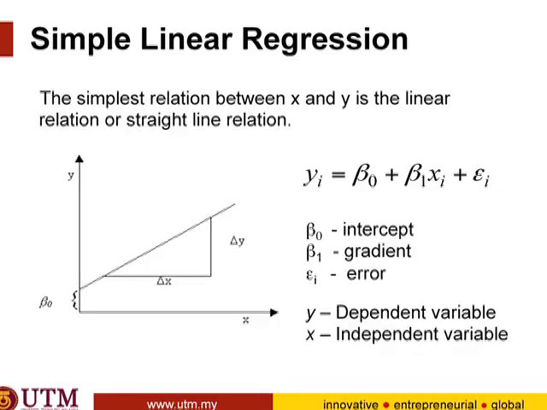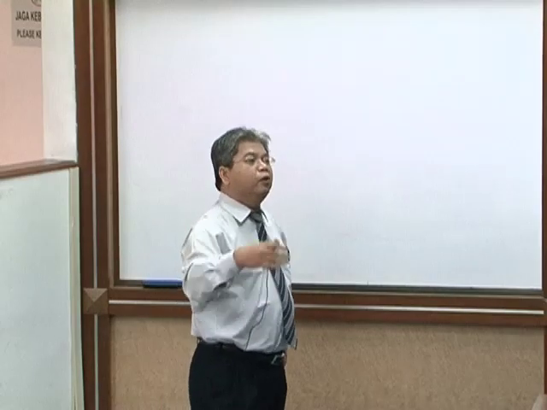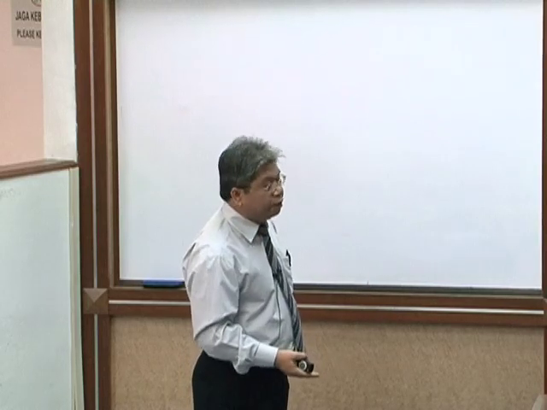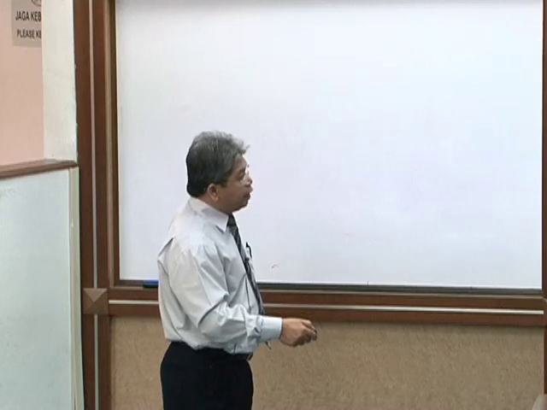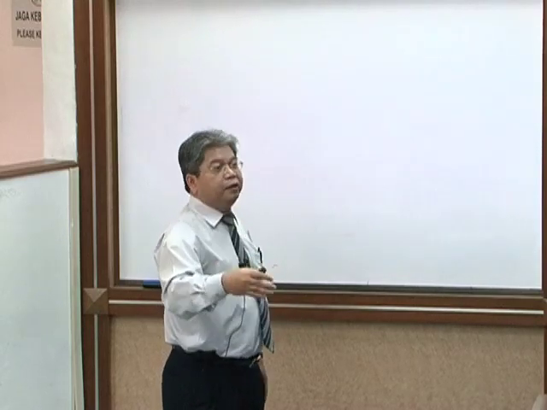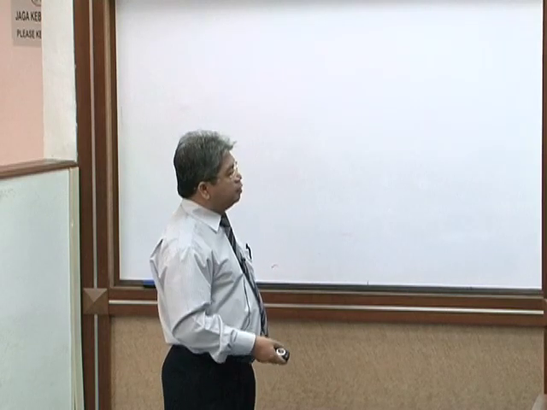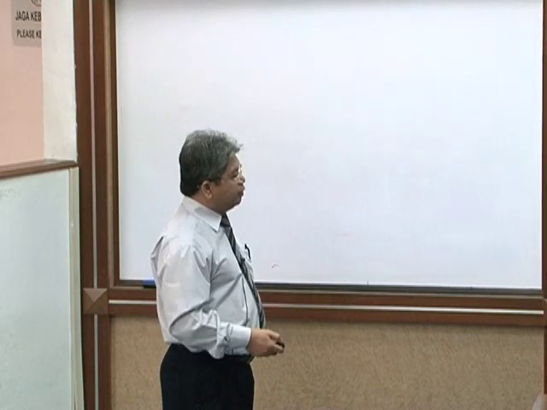Y is called the dependent variable. Y here is called dependent variable because its value will be determined by value of x. If x increases, y will also increase, if the direction of the curve is this way. If the direction of the curve is the other way, y will decrease when x increases.